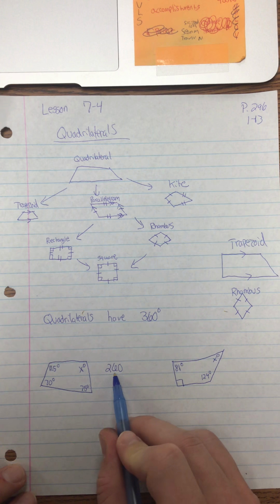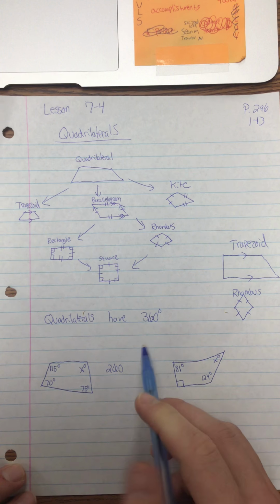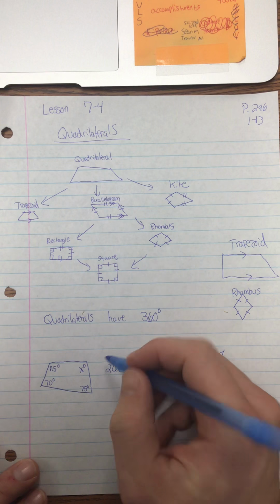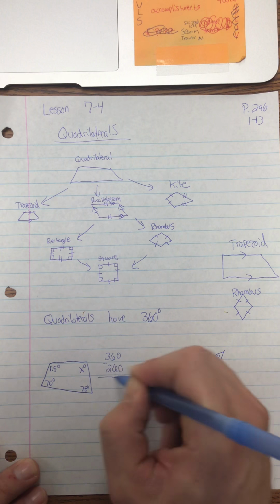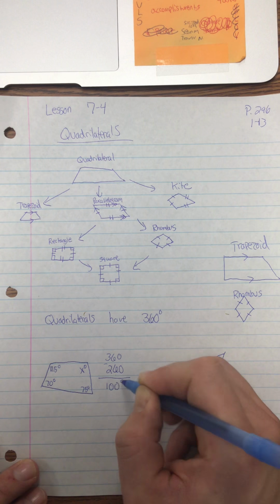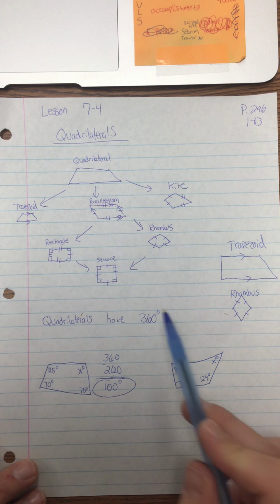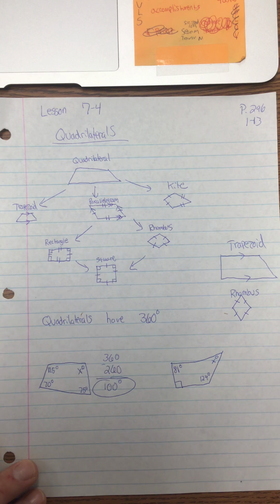So I know I have 260 degrees being used up. Now I know there's 360 total degrees in a quadrilateral, so to figure out what was left over out of the 360, and I'm using up 260, we just subtract, so x would equal 100 degrees. You just add up the three that you know and subtract it from 360, since there are 360 degrees in a quadrilateral, okay?